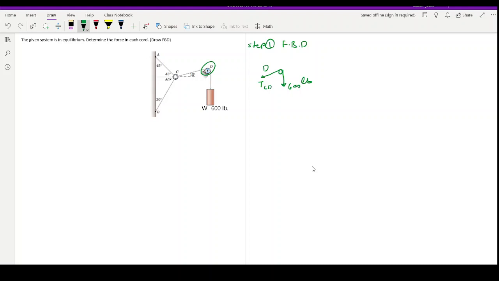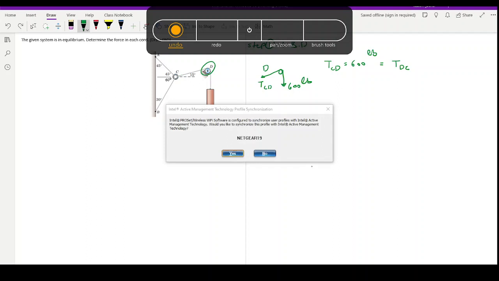From your course book, you know that tension on a cable around a pulley is constant. That means that TCD is equal to 600 pounds. The 600 pounds transfers all the way around this pulley to this cable, which means that TDC also is 600, because the force in here is equal to the force in here. It's a cable.